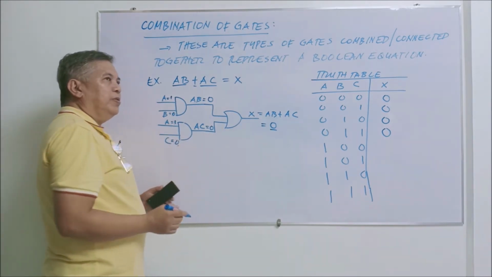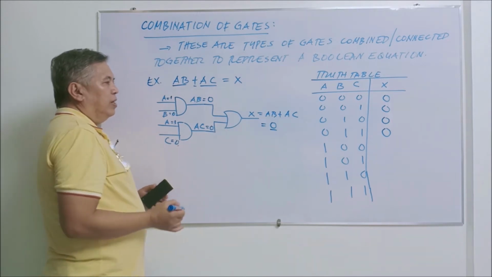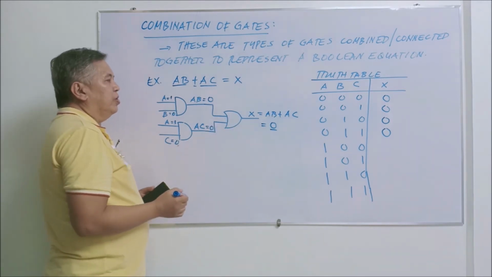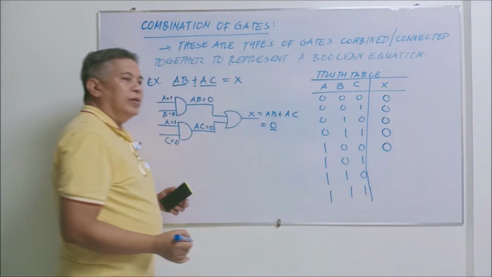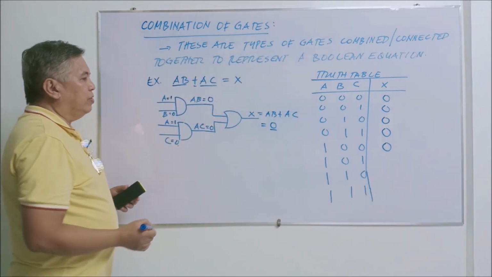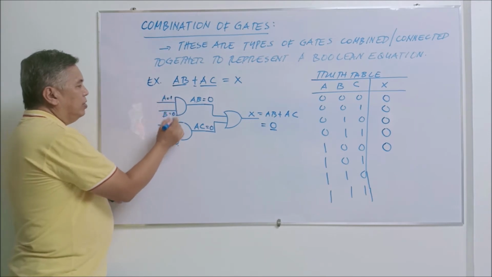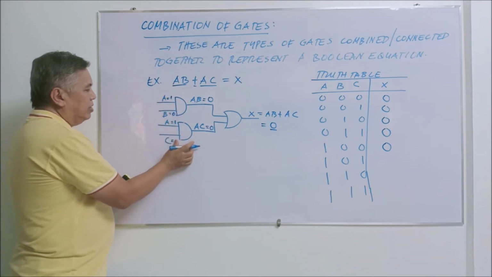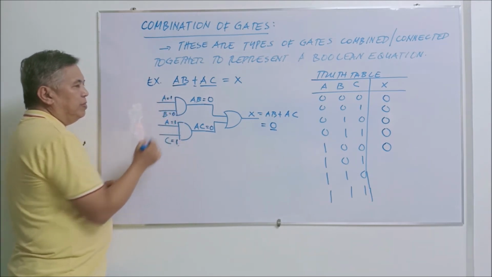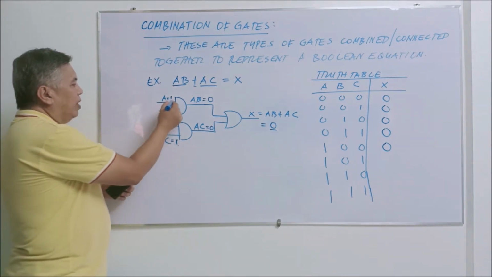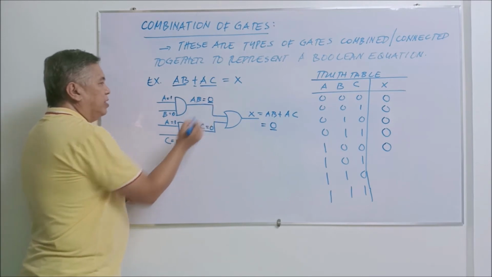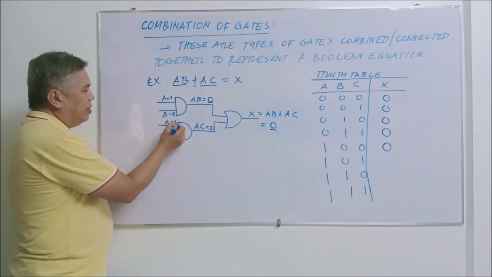The output of your X after passing through your OR gate will remain 0. Then you have 1, 0, 1. That is 1, 0, and then C is 1 and B is 0. So you have 1, 0 again, and it remains 0 here.